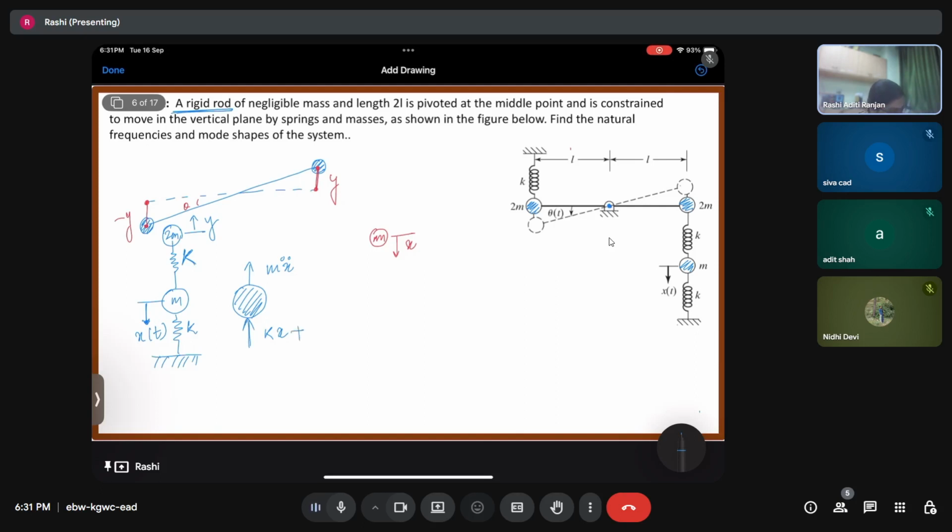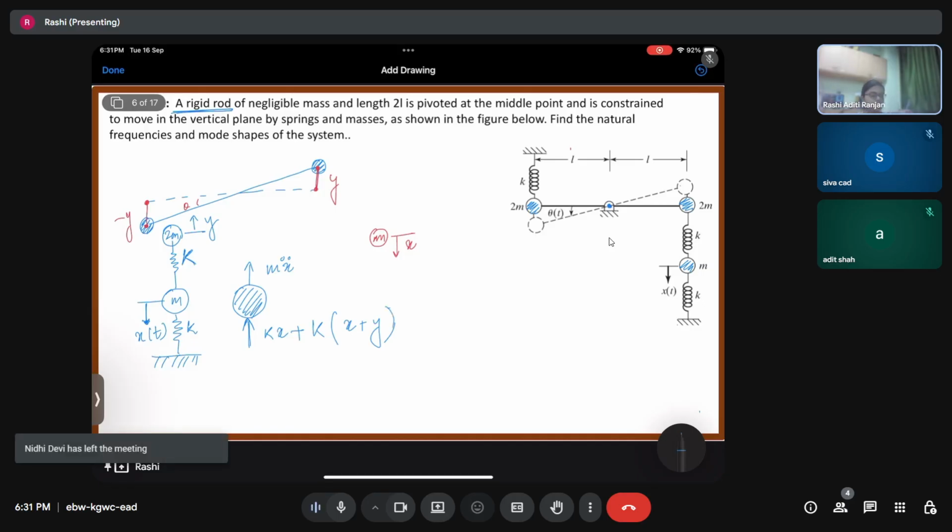I'll write it as plus k into (x plus y). We considered y in the above direction, that is why it is a plus over here. If it is in the downward direction, it is going to be x minus y. So this is going to be x plus y.